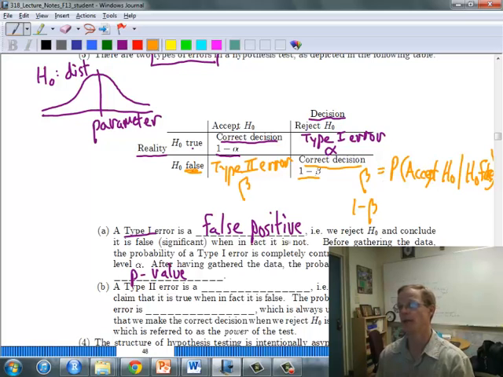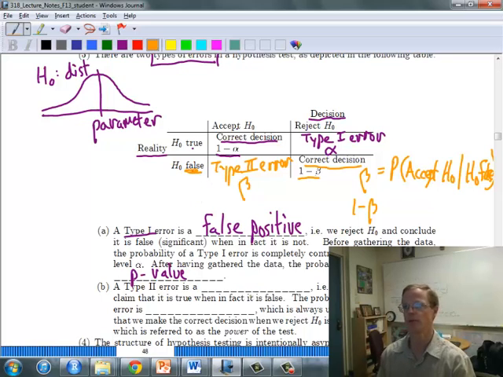1 minus beta then is, let's go down here, 1 minus beta is referred to as power. Okay, and so we want tests that have high power. That is a high probability of making the correct decision when we reject, if H null is really false.